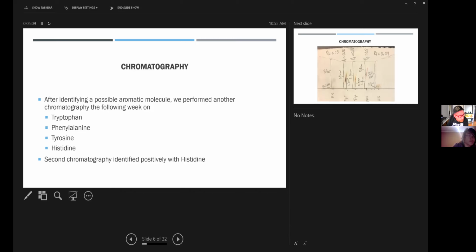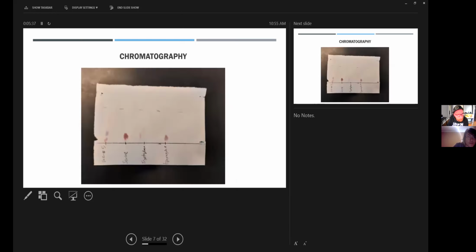So we looked at tryptophan, phenylalanine, tyrosine, and histidine as well. Upon doing that, we saw really good correlations with histidine. We saw that through the second chromatography that we did, looking at just those 4 specific amino acids, of course, with our unknown dipeptide as well.